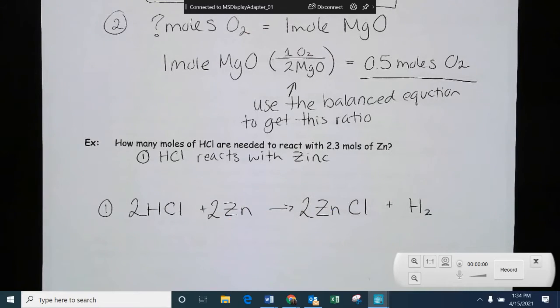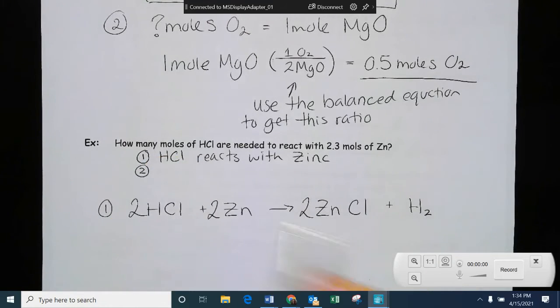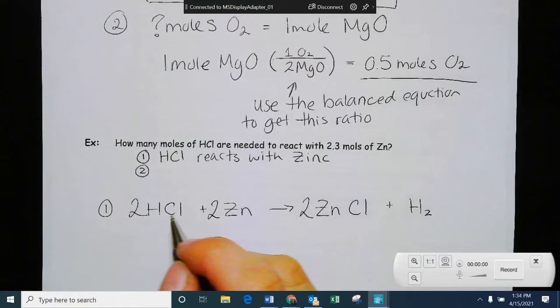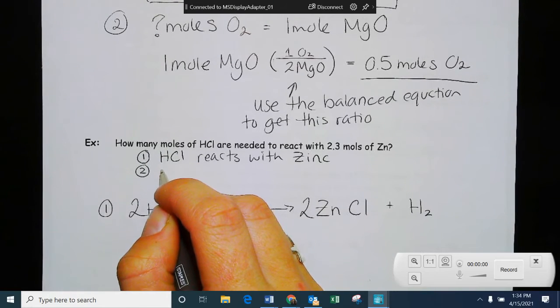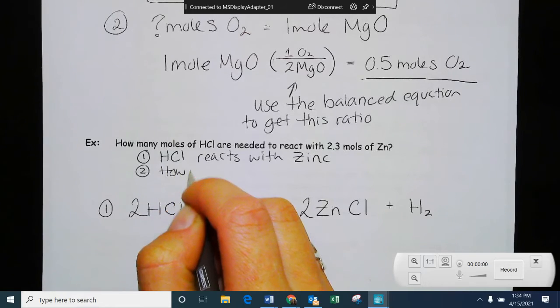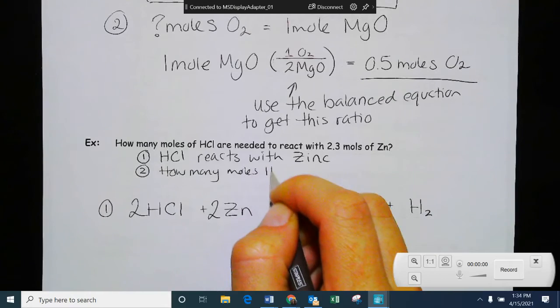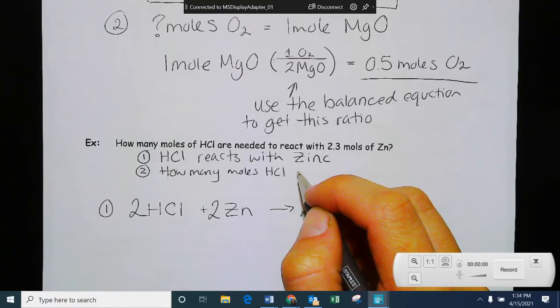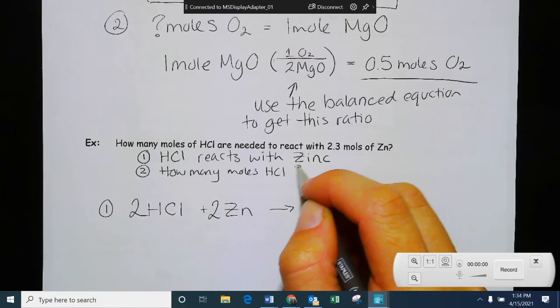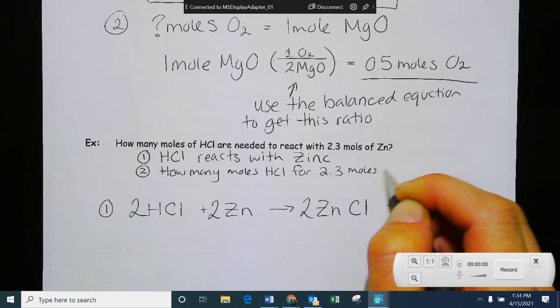Okay, so that's part 1. Does that make sense? Okay, and then the second part of this question is how many moles of HCl for 2.3 moles of zinc.